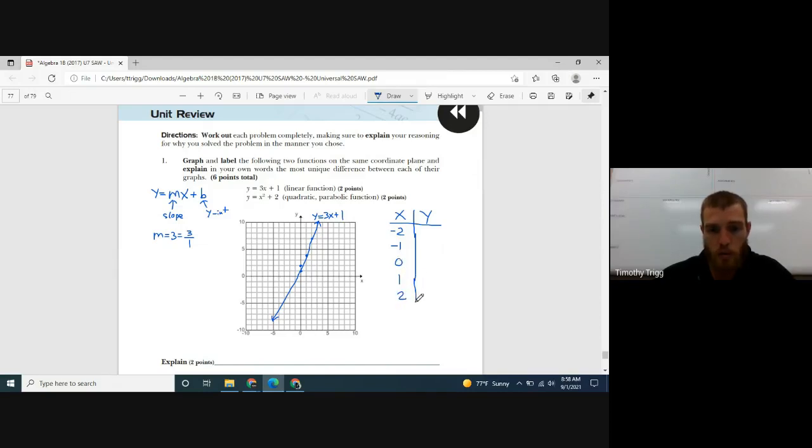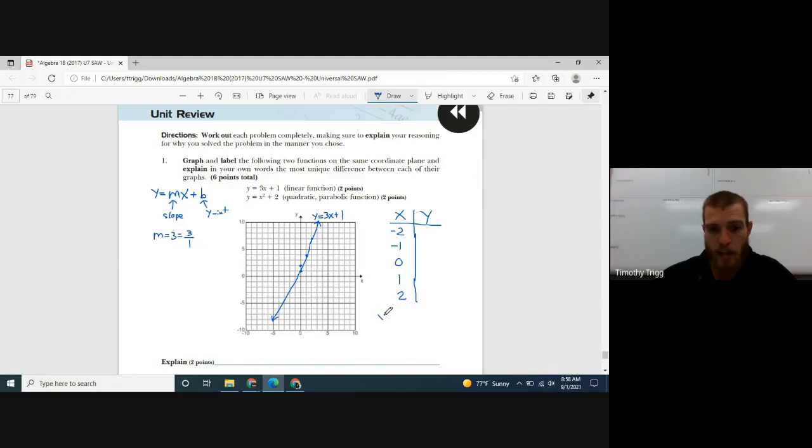What you would do is plug each of these x coordinates into the function and figure out the corresponding y coordinate. For example, if I replace the x with -2, this will be -2 squared plus 2.